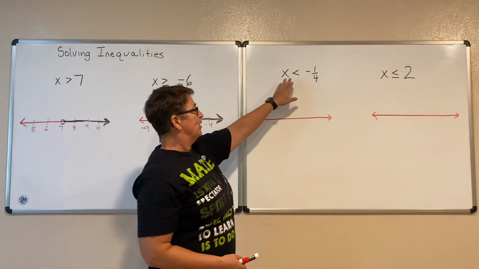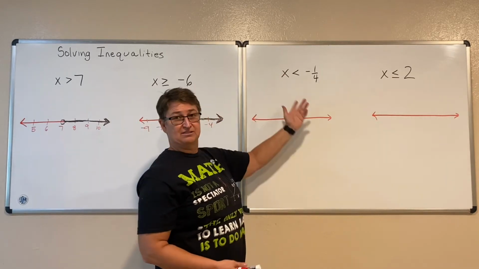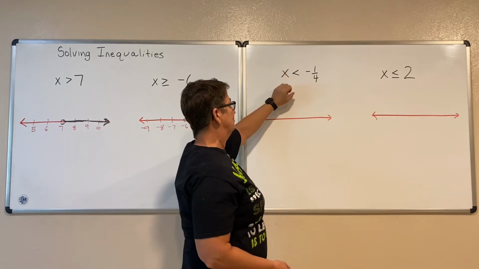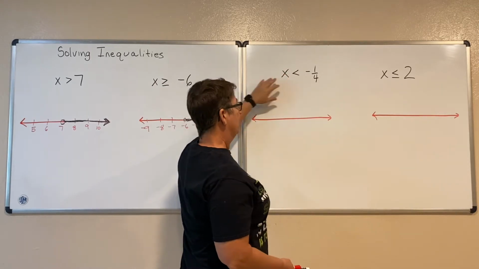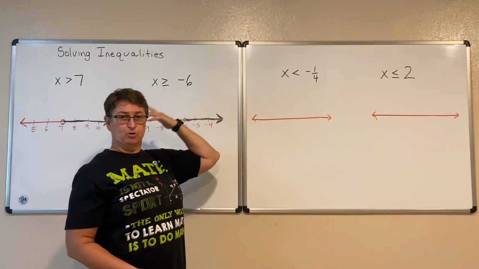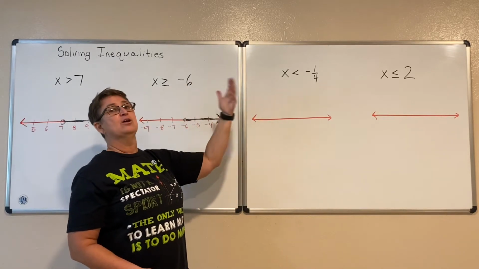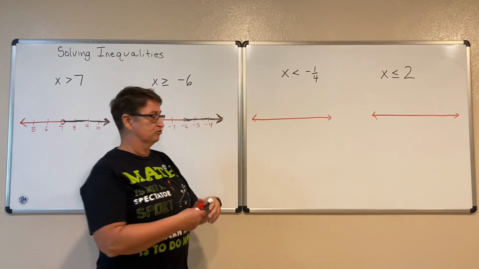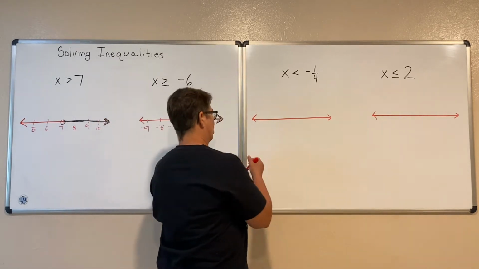On this side, we have less than. It's the same idea, that our values for x could be anything smaller than -1/4. And we know that smaller numbers are to the left. The smaller we go, the more we go to the left, the smaller the numbers are. So we could show that.